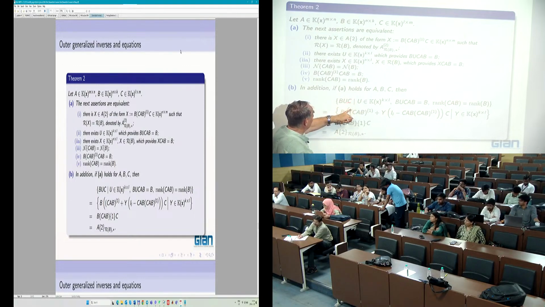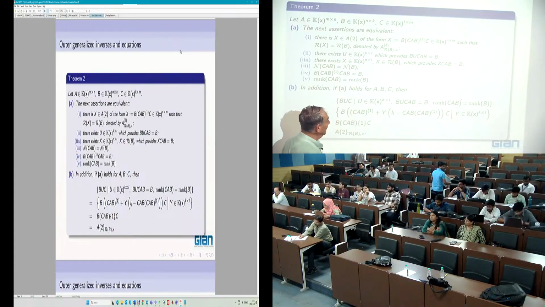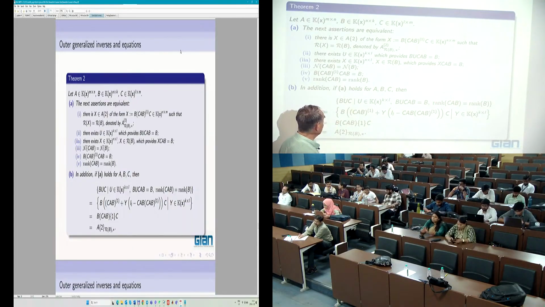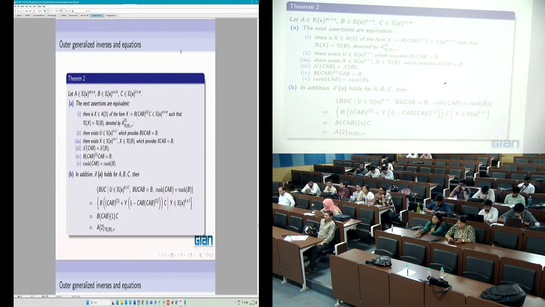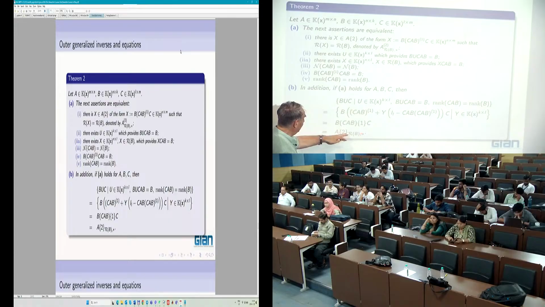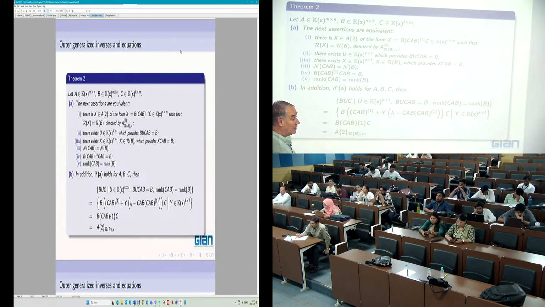One is of the form BUC, such this matrix equation. These results are a representation of a linear matrix equation. B is one inverse, which defines it with image R of B. Again, this rank constraint is always assumed in terms of inner inverses.